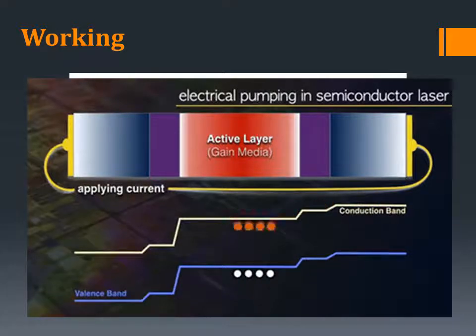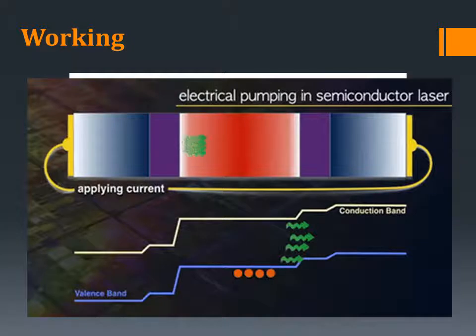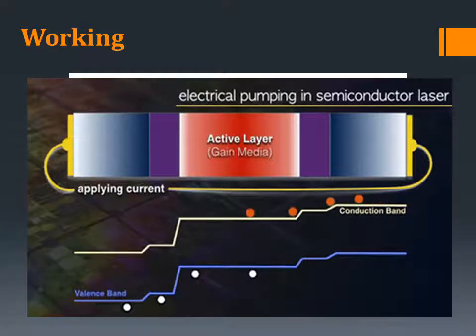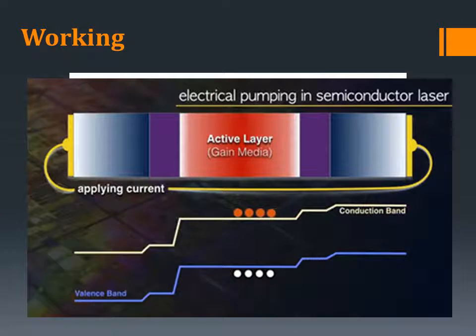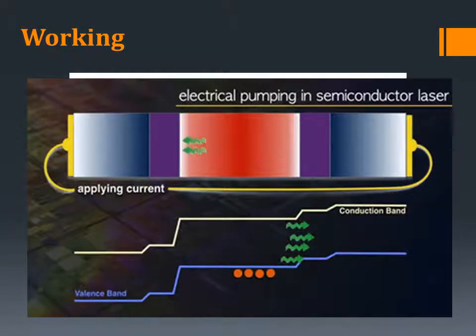These spontaneously emitted photons in turn act as stimulants, releasing more stimulated emission photons. These photons, which are coherent in nature, bounce back and forth within the active layer region, and when sufficient intensity of the photons builds up, a laser beam is emitted.